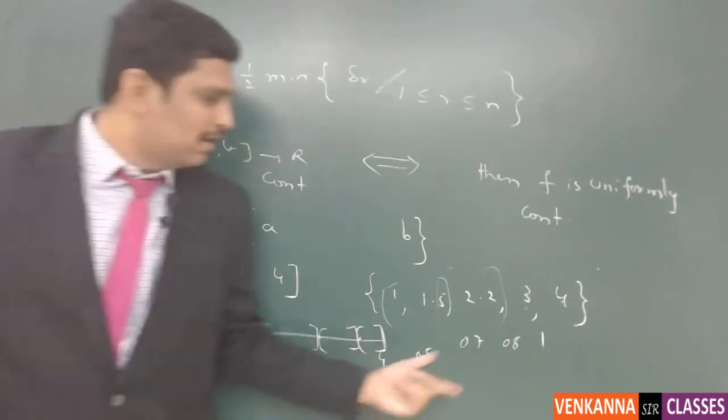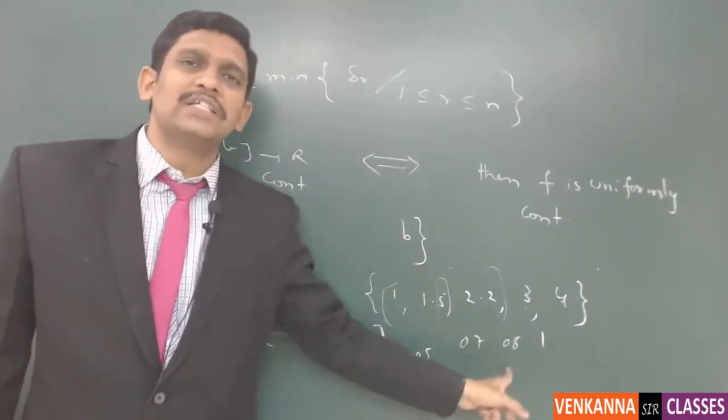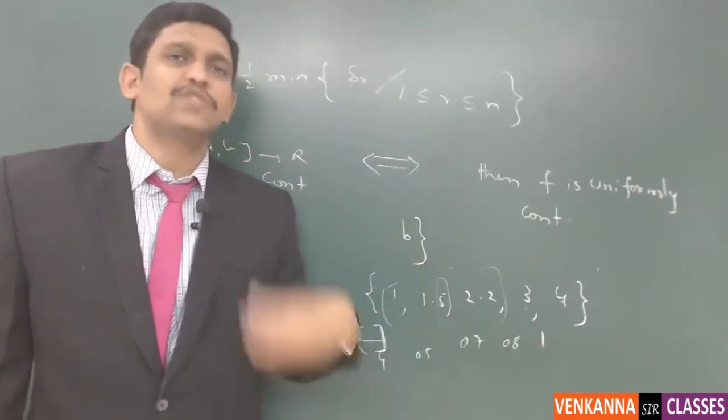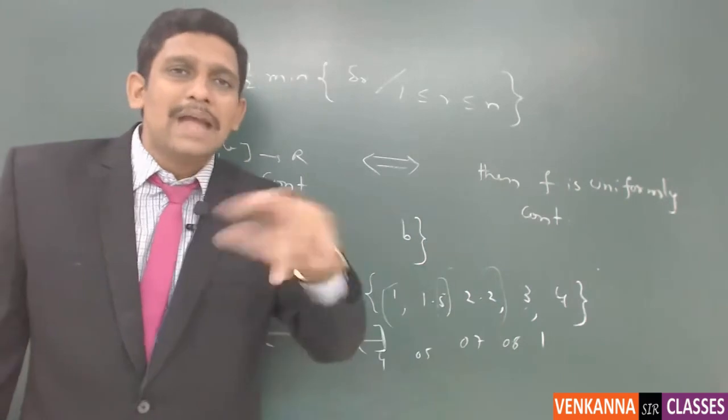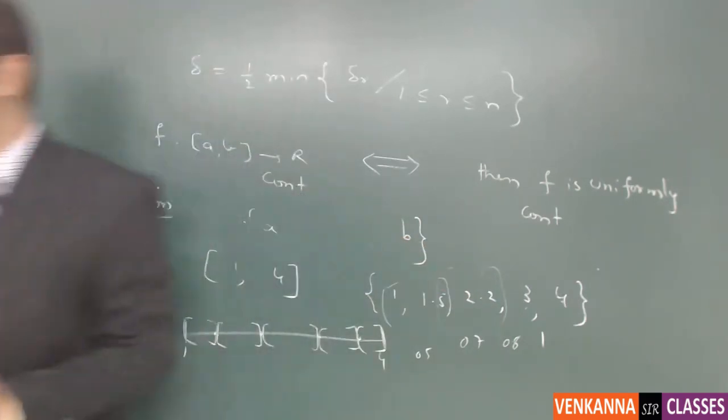So here you have 4 subintervals, 0.5, 0.7, 0.8, 1. These are the lengths, among which the smallest is 0.5. I am making it half. So 0.25 is my delta value.